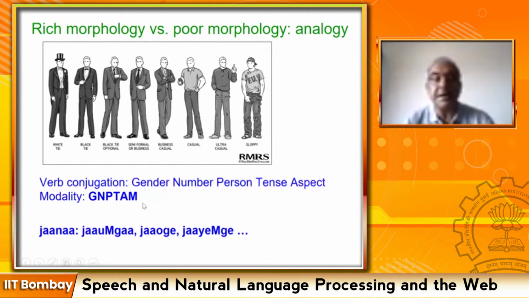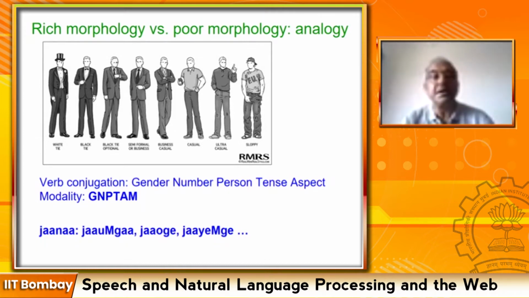A very representative and educative example is conjugation of verbs, how verbs dress themselves up in different situations, controlled by mainly 6 parameters, 6 influencing factors: gender, number, person, tense, aspect, modality.